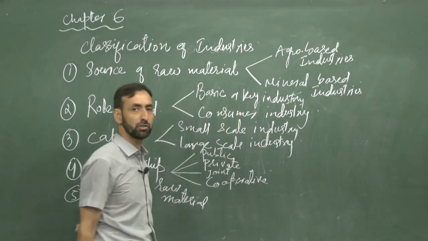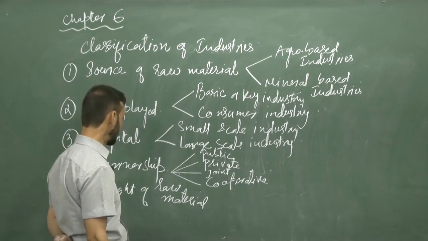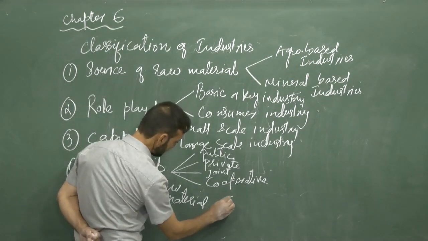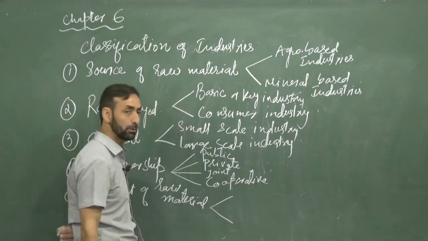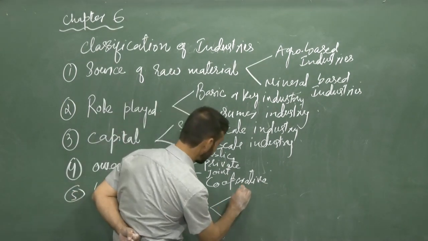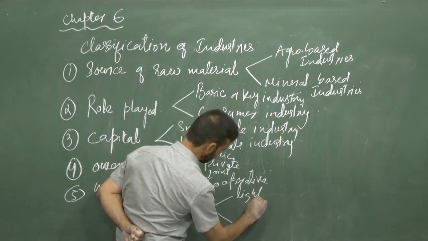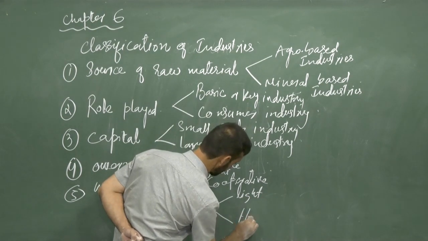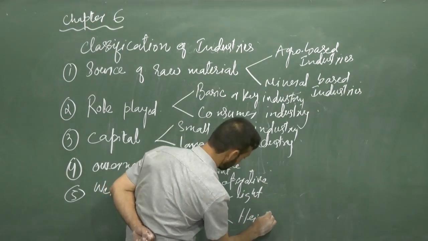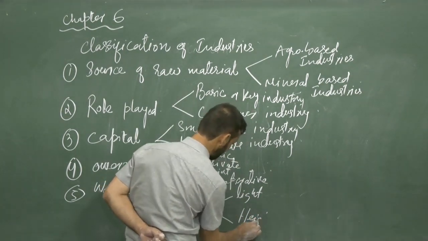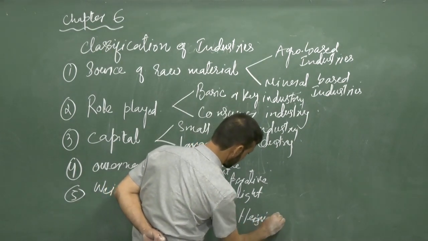And the last classification is on the basis of weight of raw material. That is classified into two types: light industries and heavy industries.